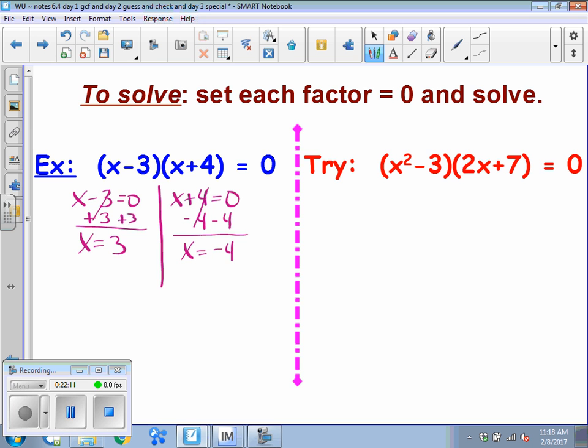So if x was equal to 3, then it would make this whole thing equal 0. Or if x was equal to negative 4, then that would make this equal 0, causing the whole thing to be 0. Does that make sense?